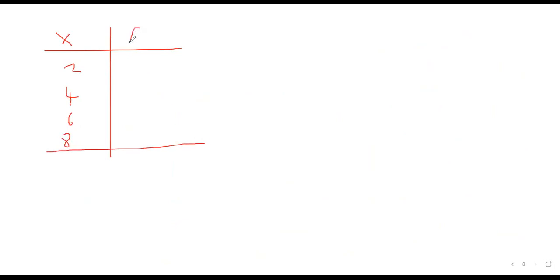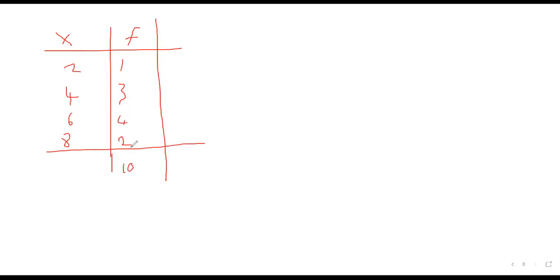So there are times when we are actually not given the probabilities. Here we're given x values 2, 4, 6, and 8, and you're given the frequencies 1, 3, 4, and 2. The total is 10.